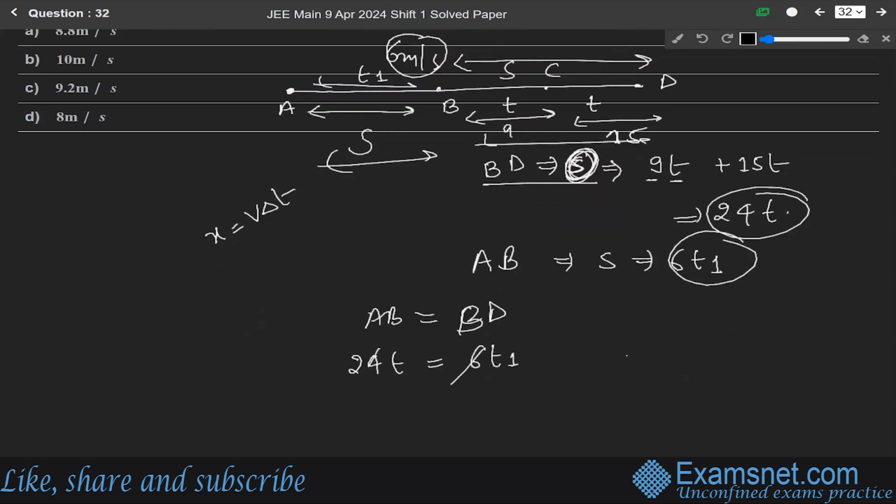So 24T will be equal to 6T1. From here, 6 goes into 24, so we see that T1 is equal to 4T. Let us say this is equation 1.